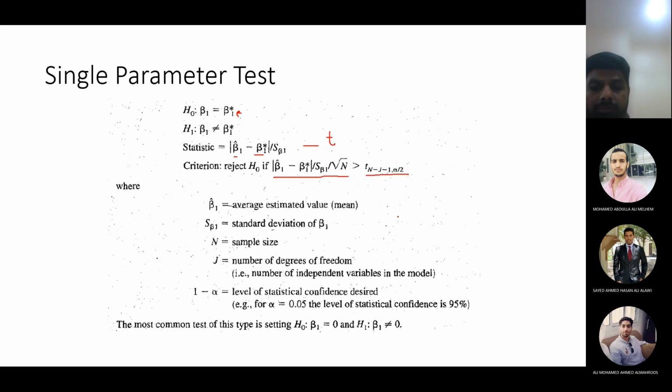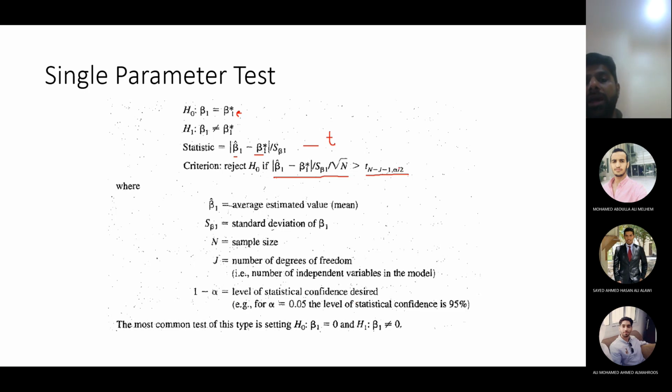There's a theory behind it, but I don't want to go into that theory. The simple meaning of alpha is the error you are allowing in your model. So 1 minus alpha is your confidence level, the complementary of that.